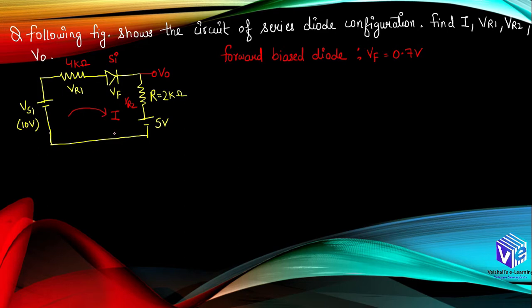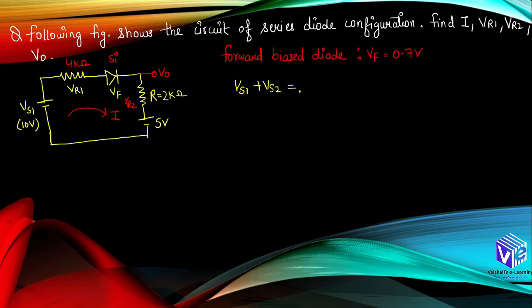Now when you see this circuit, what would happen in it? VS1 and VS2 are the voltages that we are applying. So VS1 plus VS2 will be equal to the total voltage drop. The total voltage drop is occurring at resistor 1, at the diode and at resistor 2.